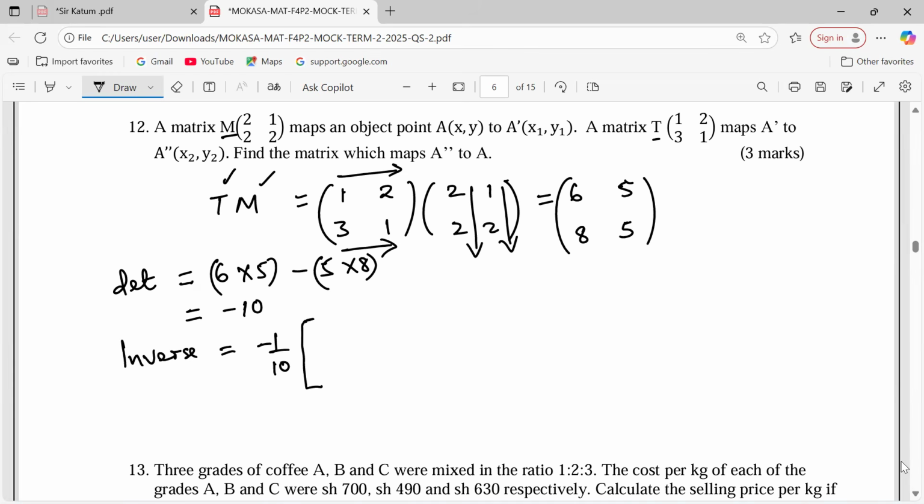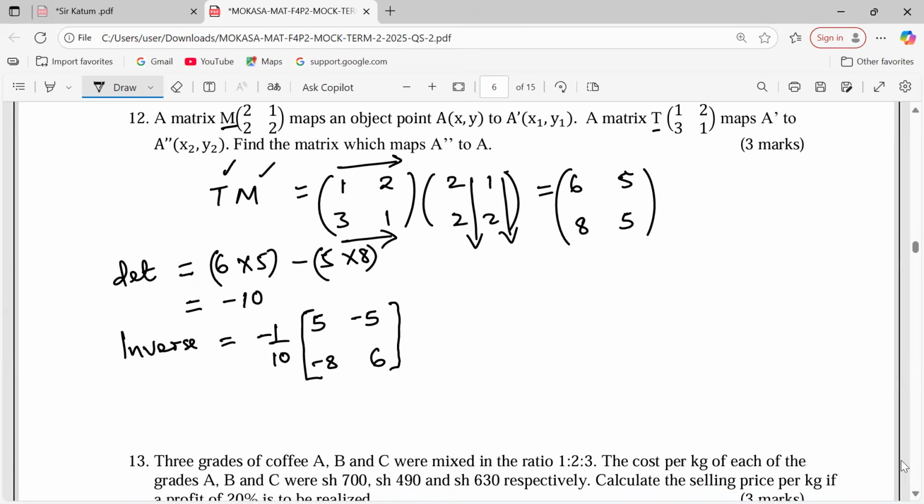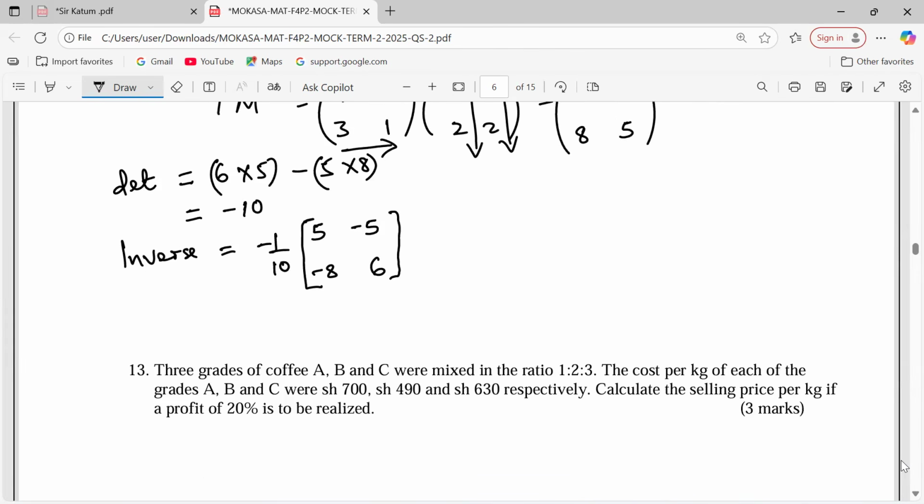But now we cause some rearrangement. 5 takes this position, 6 takes this position. Then we will have the 5 here changing its sign together with the 8. So the elements in the other diagonal change sign, while in the main diagonal, we change positions.